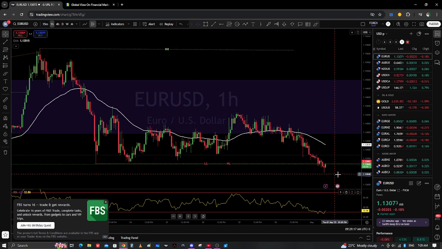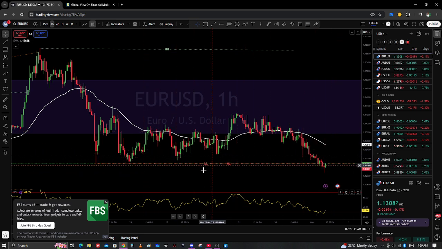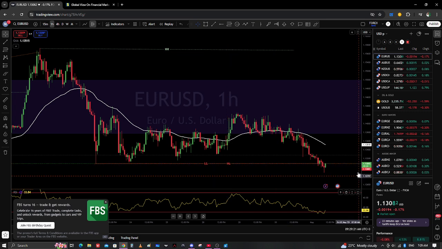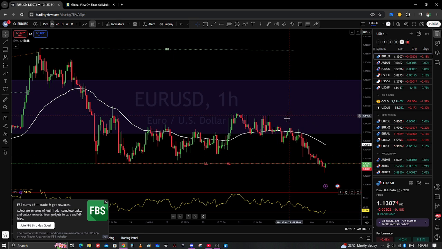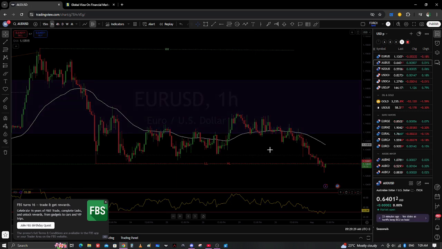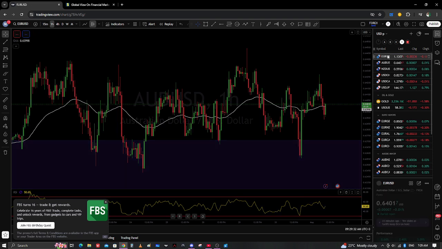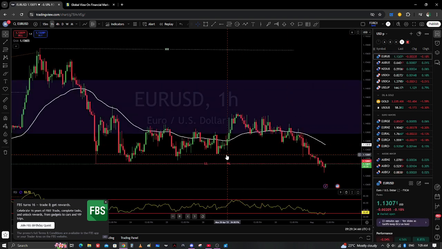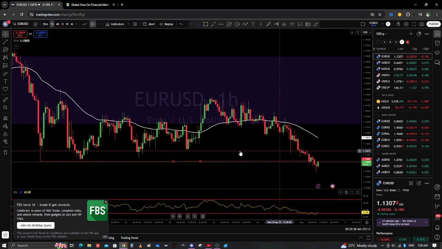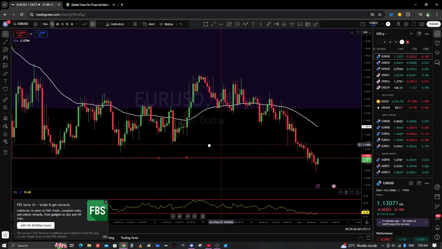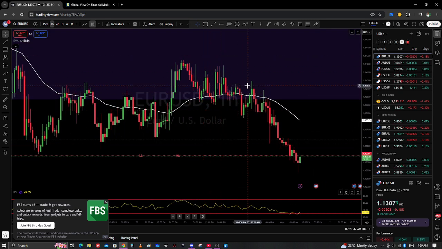It's now at the previous low and about to break the low and continue downwards. We can say it is bearish. Now let's go back again to the Euro USD. It is not satisfyingly bearish. We don't have a clear setup right here.